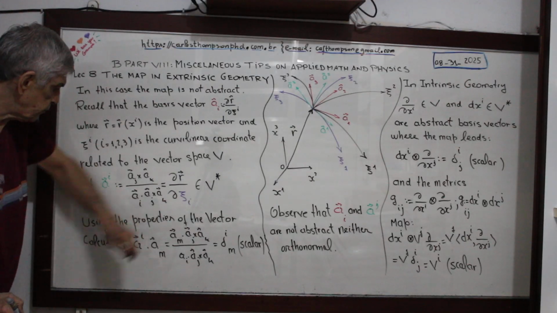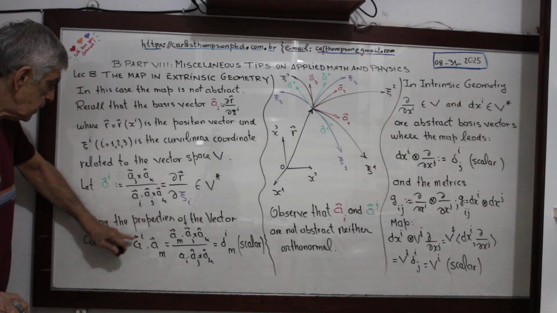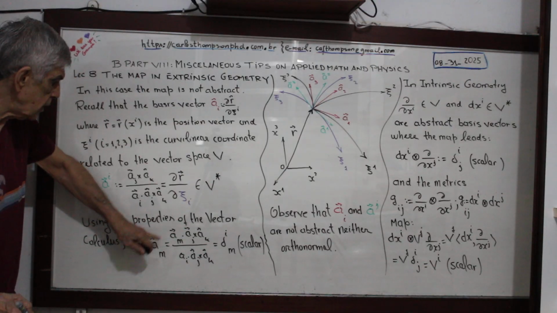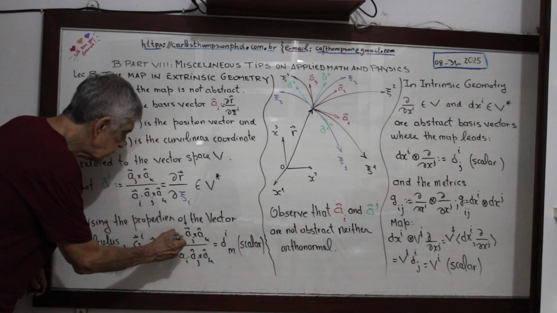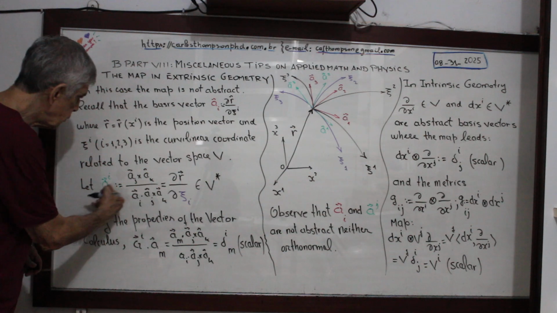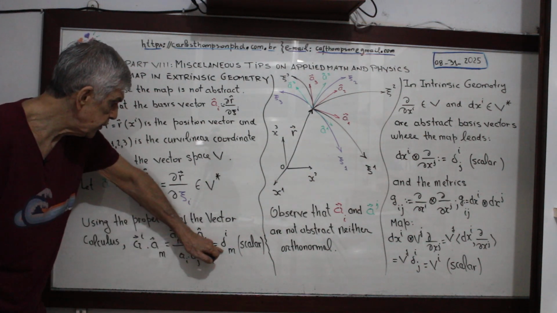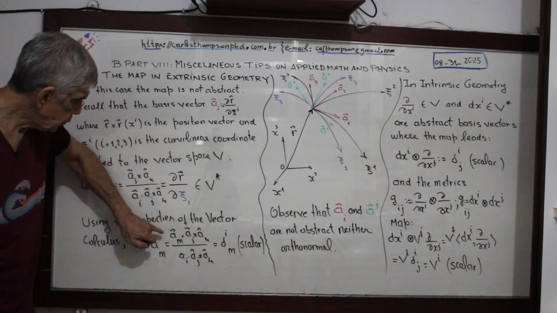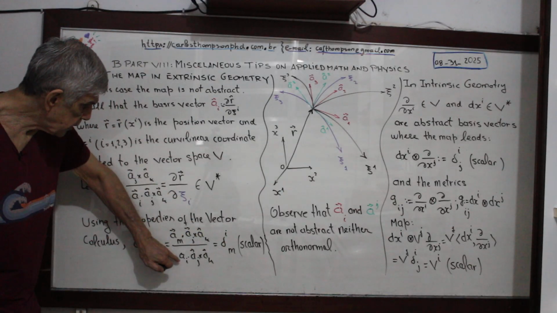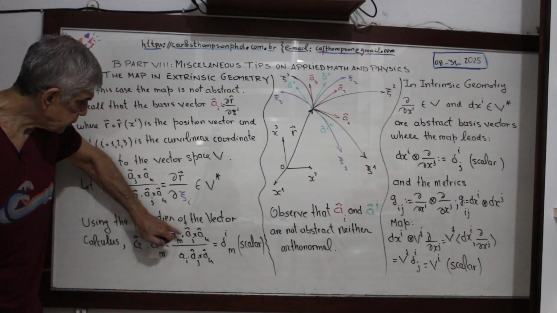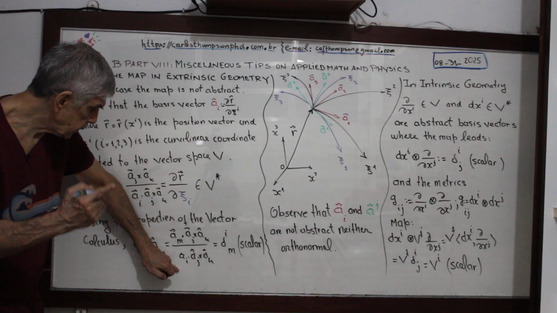Using properties of vector calculus, a^i dot a_m, I just take the dot product on both sides. This leads to delta i m. When m is identical to i, this relation will be 1.